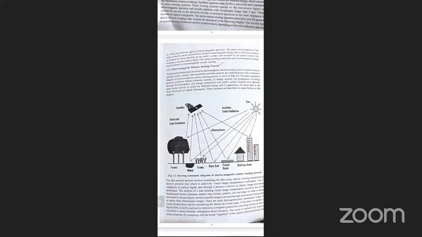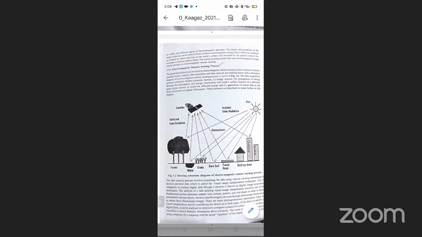Once the airborne or spaceborne sensors record the reflected energy, whatever energy is released onto the surface, the sensor is moving along the track, and the energy released on the surface of the different objects is scanned by these airborne or satellite sensors.